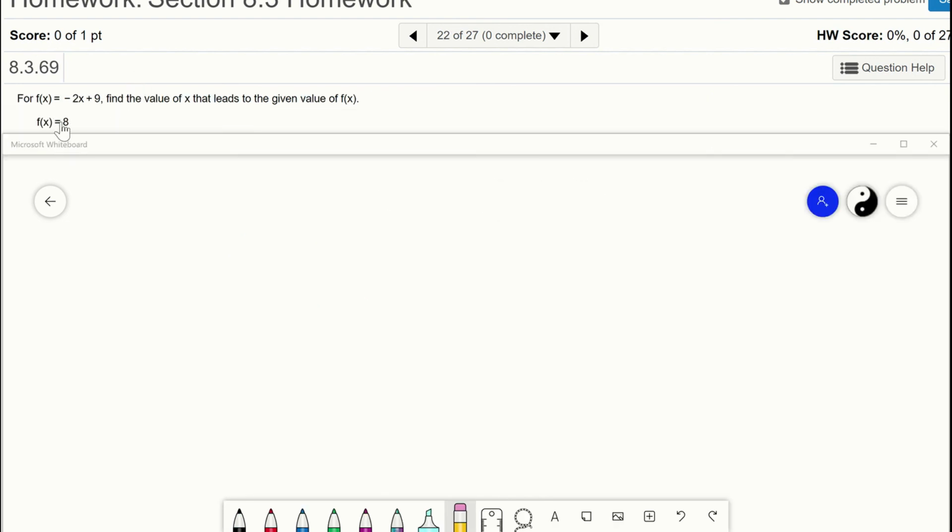All right, in this one, we're interested in finding the value of x for which f of x, which is this function, is 8. So it's very simple. We just put f of x equals -2x plus 9, and we want to know what value of x would make this side 8.